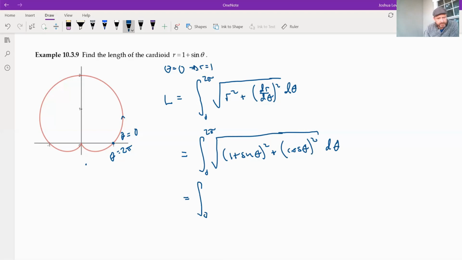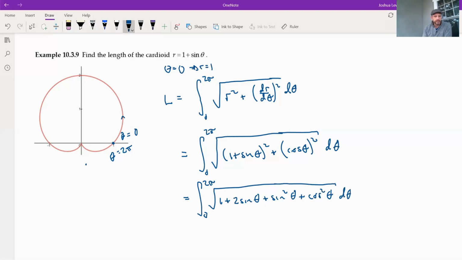And now we just do some algebra and see where this takes us, okay? And so 1 plus 2 sine theta plus sine squared theta, and then plus cosine squared theta, d theta.